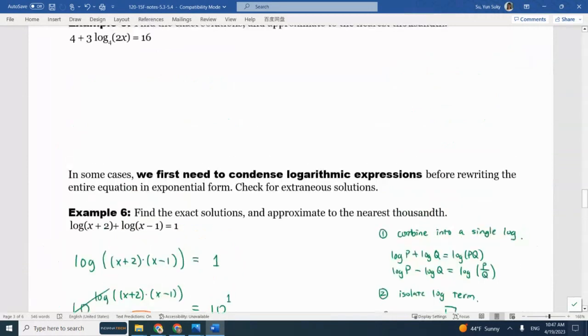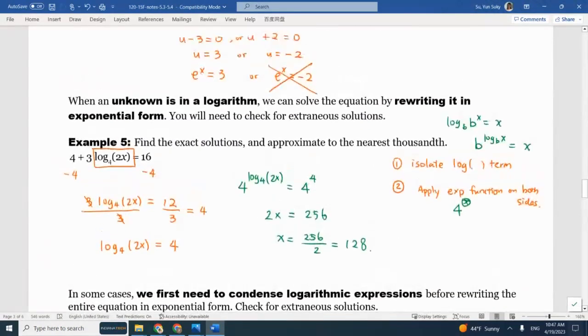Last time we forgot to check the domain, so let's check it. Look at your log expression. Check domain just means you plug your x back into the log expression to see if the thing inside the log is positive.